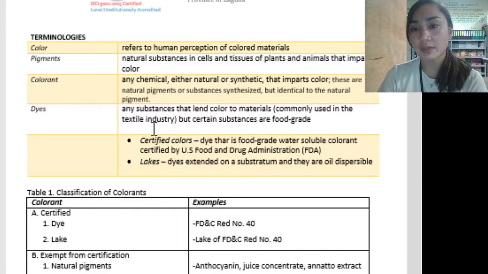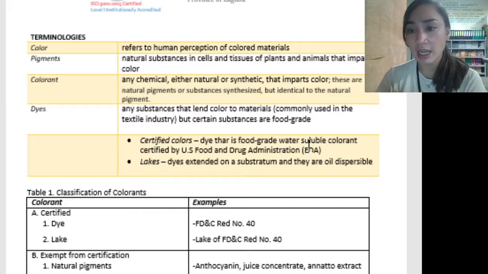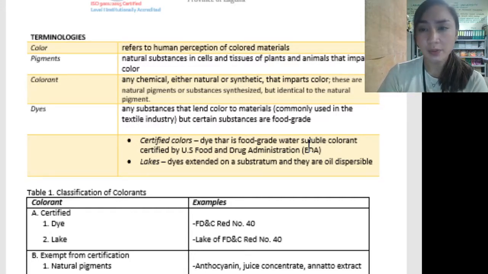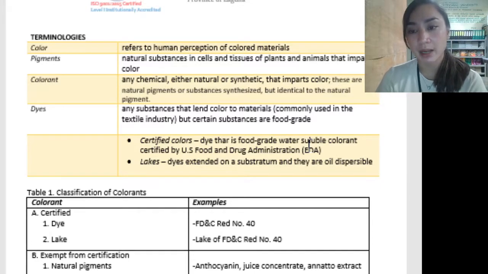We also have dyes, which are any substance that lends color to materials. Usually this term is used in the textile industry, but certain substances are food grade. So what we will discuss are the ones that are food grade. We have certified colors and also the lakes, which will be discussed in the next module.